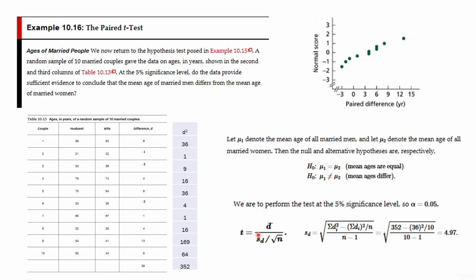S sub D is the standard deviation calculation for the paired data. And so you can see here, it is equivalent to your standard deviation calculation, except instead of using X, you're using D. So what you can see here is I've got D, my difference, and then I did what I would do for my normal standard deviation calculation, which is that I squared all of those numbers here and then summed it up.